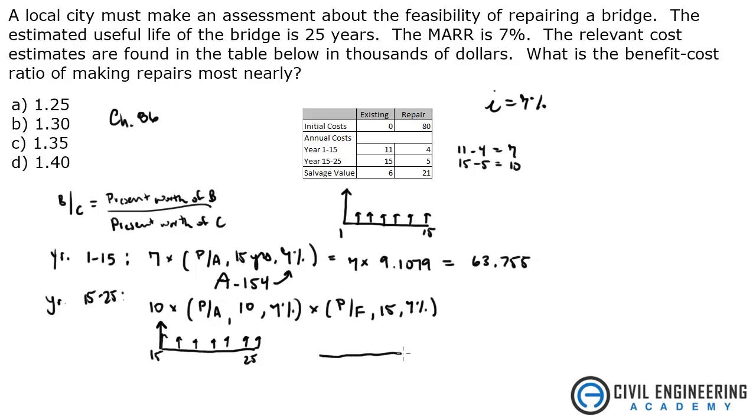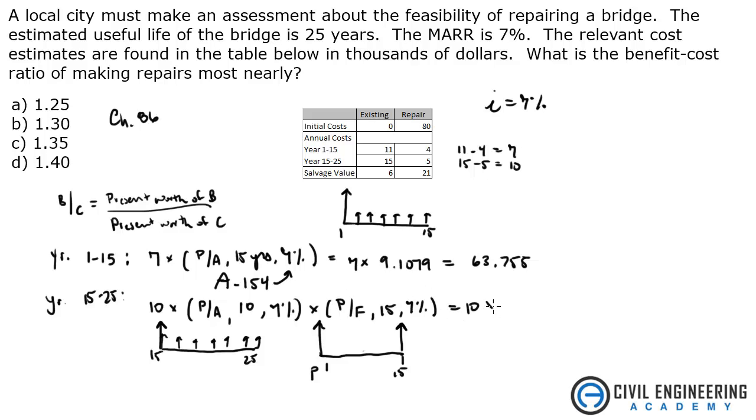So now we're going to take year 15, which is this value here, and this is a future value, and now we've got to bring it to the present, year 1. Okay? I hope that makes sense. If this doesn't make sense, then we probably need to review the CERM about engineering economics and trying to figure these out. If you have questions about it, let me know in the comments and I'll try to answer them as best I can.